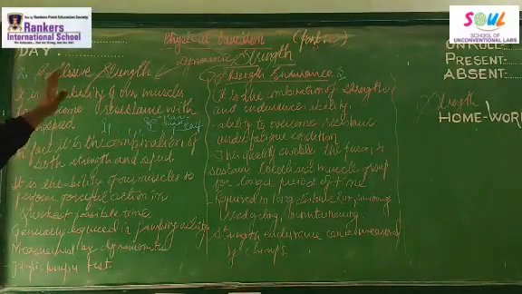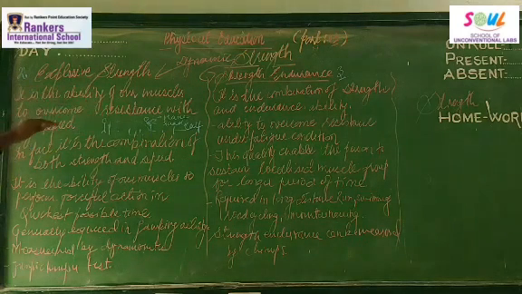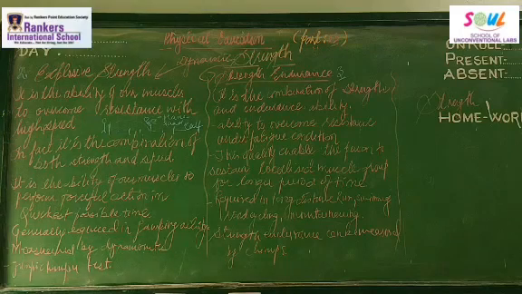So it's the ability of our muscles to overcome resistance with high speed, in the quickest possible time. Got it? And I hope you understand the standing broad jump too.